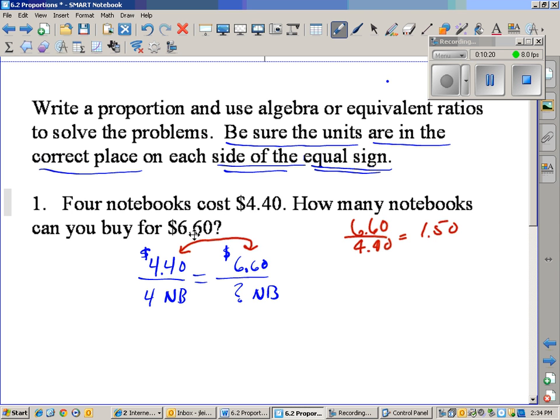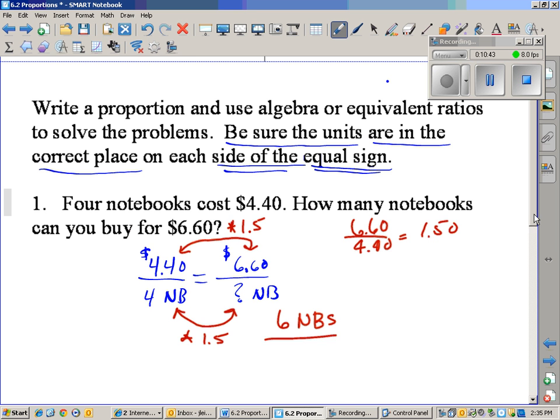So if I have to multiply 4.40 times 1.5 to get 660, I have to do the same multiplication to find out how many notebooks I can buy. So 4 times 1.5 is 6. So the answer is 6 notebooks.